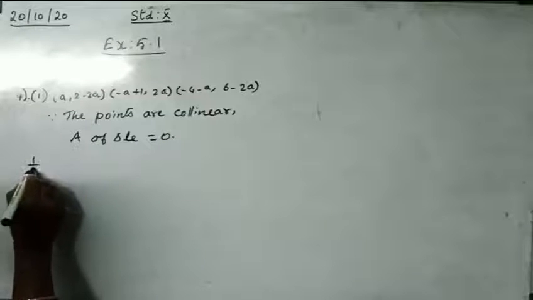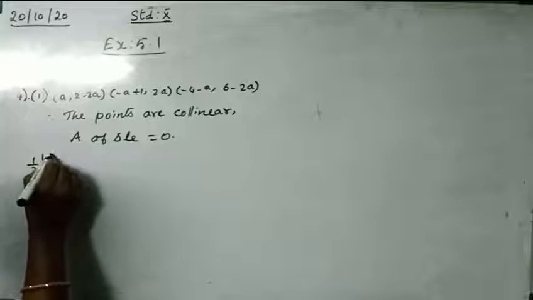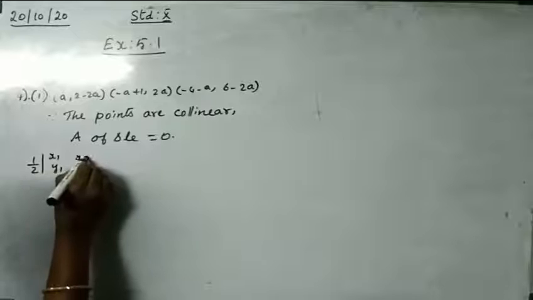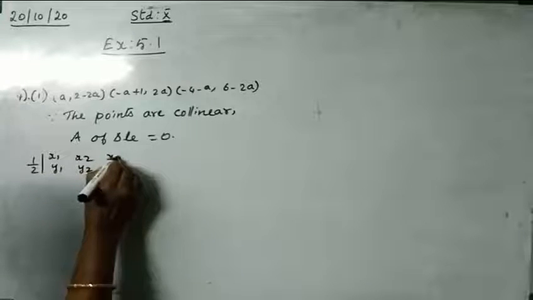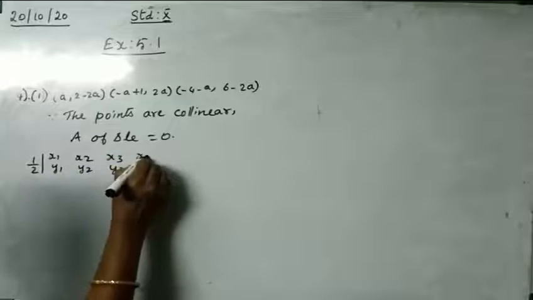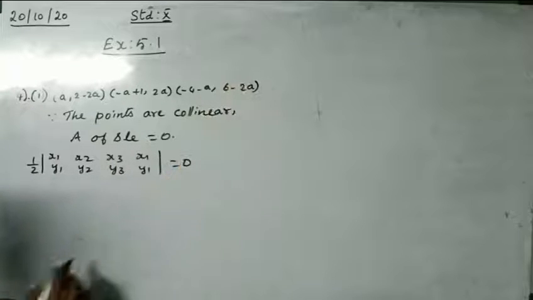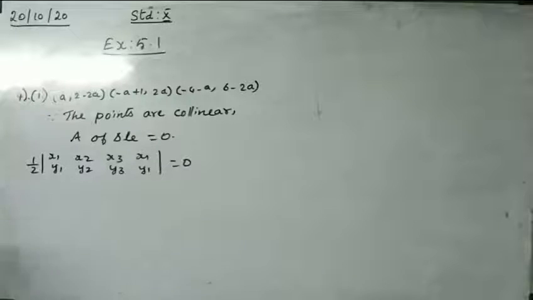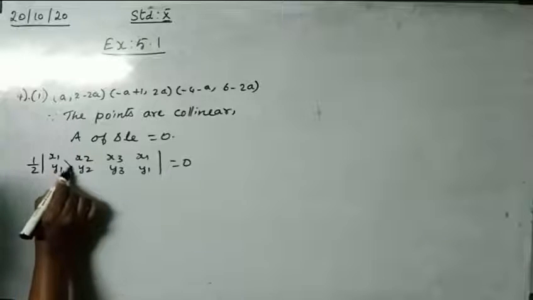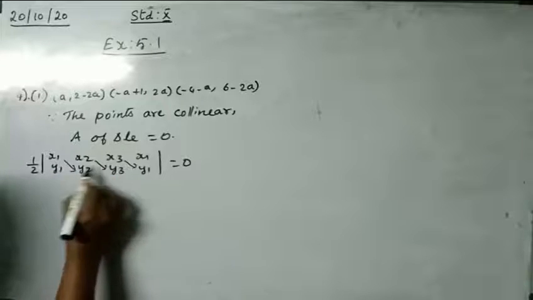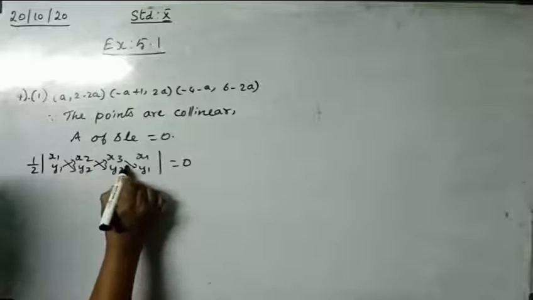So area of triangle formula is 1 by 2 modulus of x1 y1, x2 y2, x3 y3 and x1 y1 is equal to 0. For this question, it is the best way to prove easily, and also it is very easy to write the formula. So take a cross multiply and show, then it forms a formula.